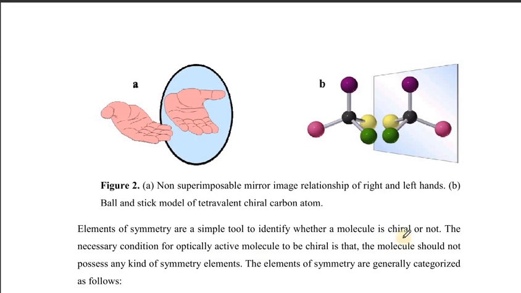We can say that there are simple elements of symmetry which are used to identify whether a molecule is chiral or not, that is, whether its image and object will be superimposable mirror images of each other or not.